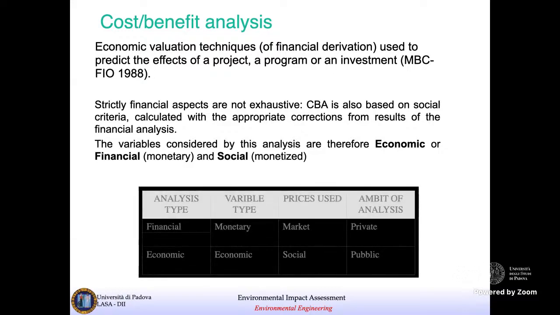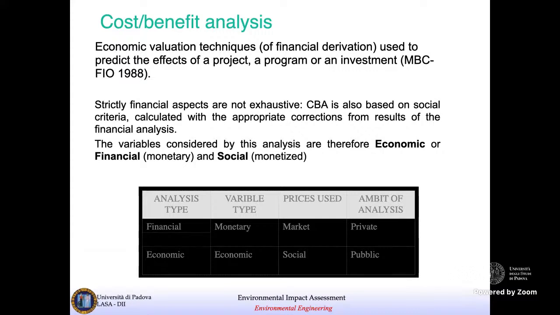So in practice, depending on the type of analysis, you make financial or economic. In case of financial analysis, the variable is a monetary type variable, for example, euros, dollars, and so on. The prices used are the market prices, and the ambit of analysis is typically private.